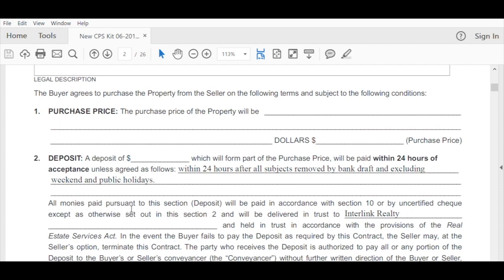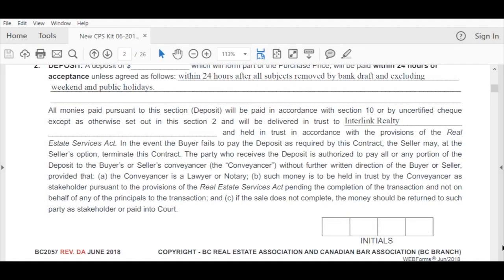And then all money paid pursuant to this section will be paid according to section 10 or by uncertified cheque, except as otherwise agreed. So the money under this section 2 will be delivered in trust to Interlink Realty. So the deposit will be payable to Interlink Realty in trust. Have your client initial right here.